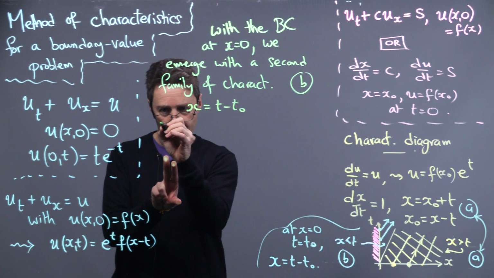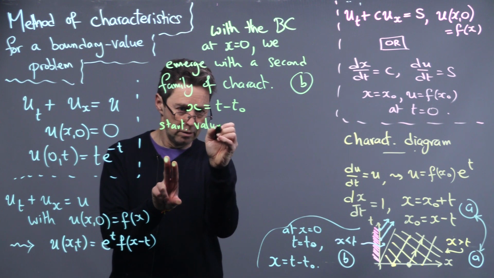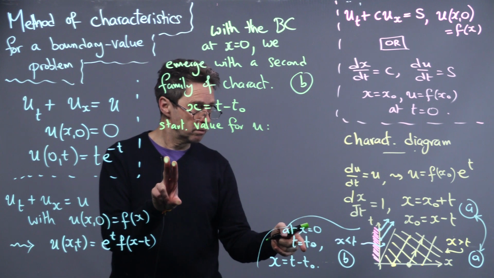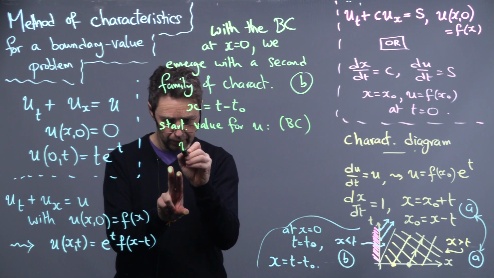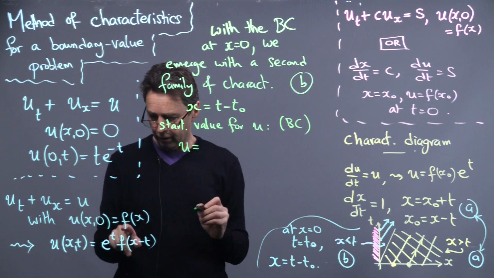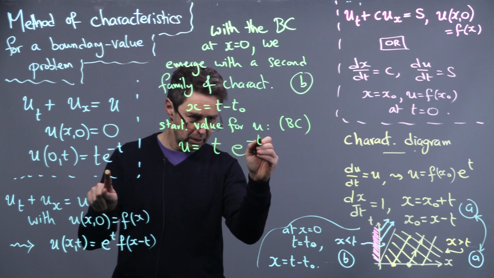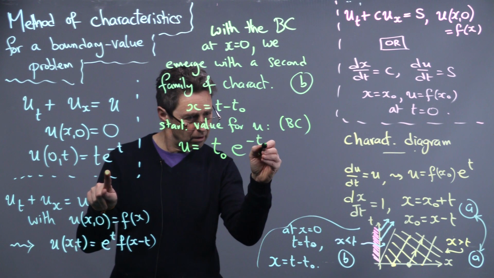The starting value for u is now given by the boundary condition. And it tells us in particular that u is equal to the boundary condition, which is t e to the minus t at t equals t0.